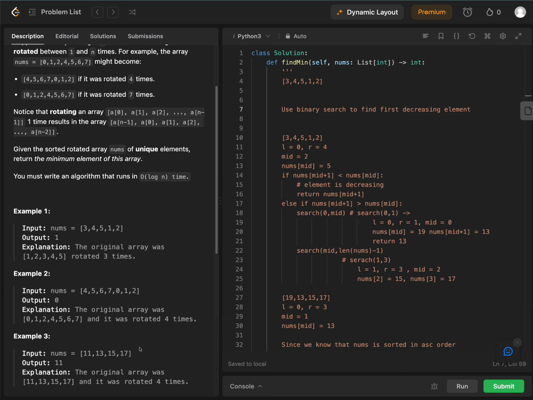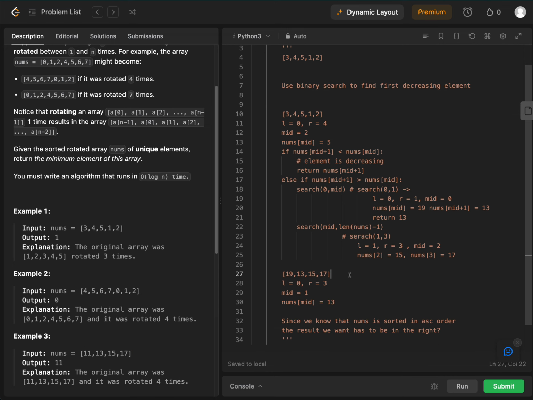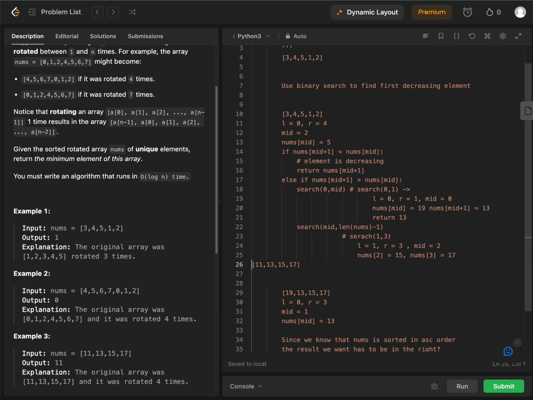Okay, so we have this solution, right? 11, 13, 15, 17, right? So if we have this solution here, we essentially break it up, right? The right side would be the same, the left side would be searching mid and 17. 11, 13, 15, 17.